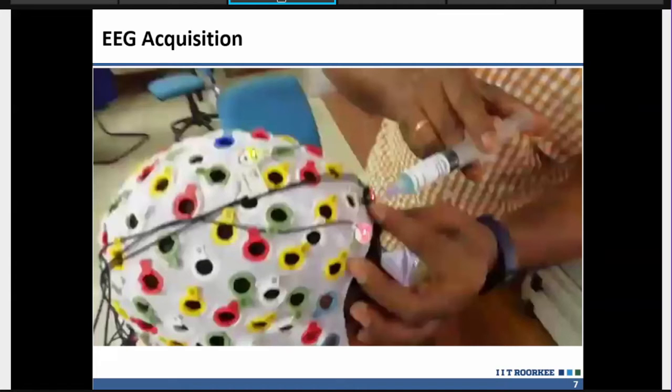But if you wear it for a long time, like 4 hours, 8 hours, then there will be some itching. Otherwise, there is no problem because it's on top of your head. It's like your helmet. And then you are moving and getting the signal. We do not get anything, it's a very small electricity or voltage, but it doesn't affect very much.